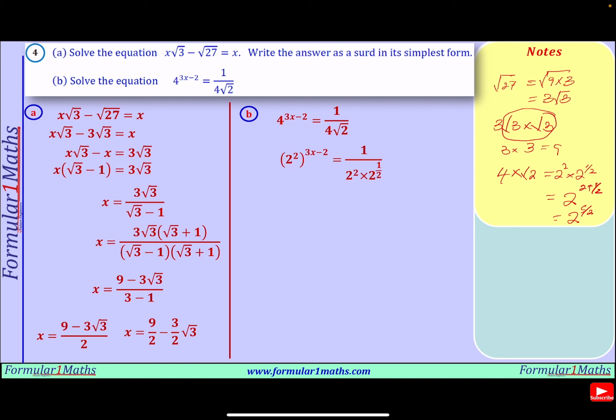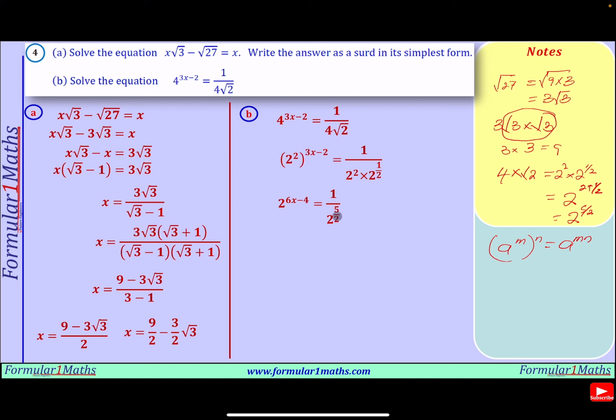So now we can go and do this. And then we multiply this and that using this rule here: a to the power m raised to the power n is the same as a to the power mn. And so you're going to get this one.